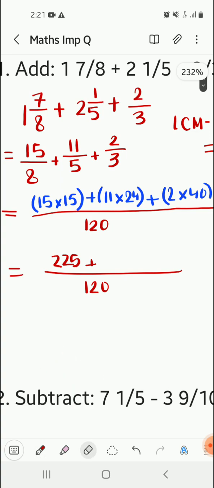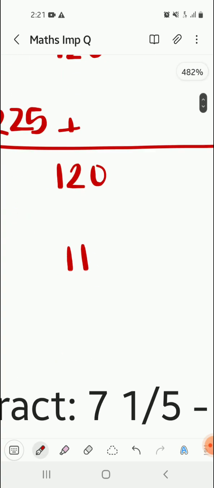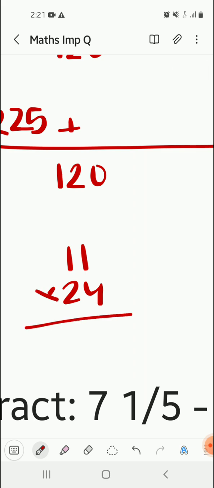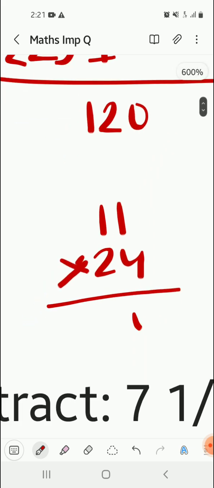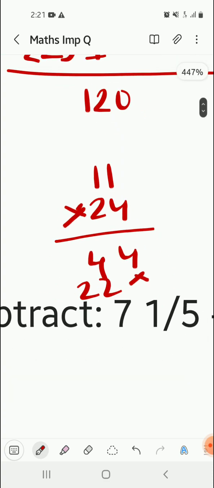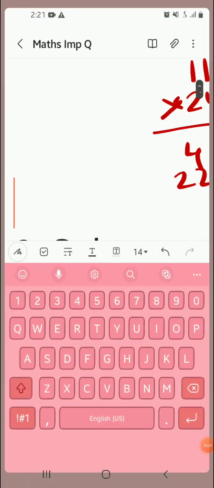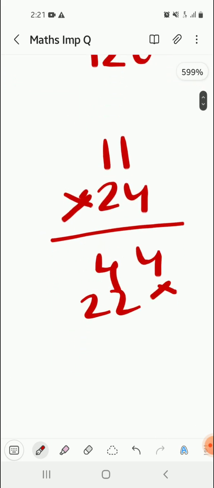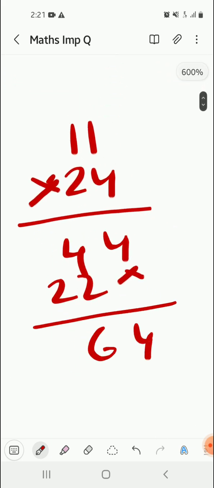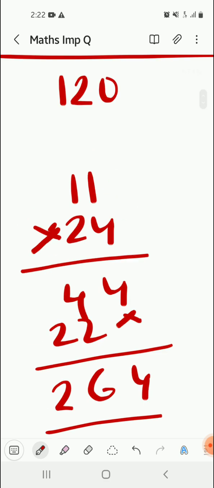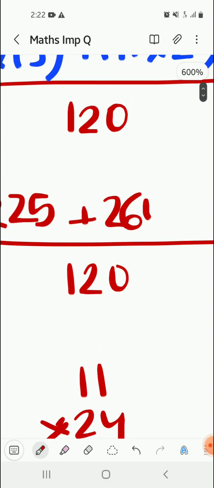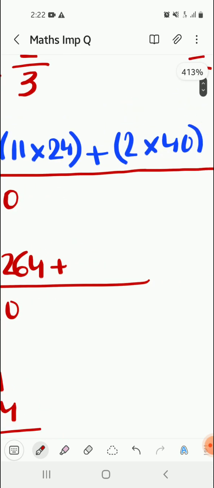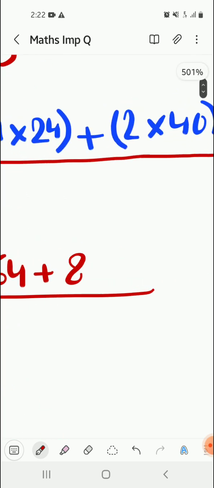So if we solve 11 into 24, it is 264. So let's write it over here, 264 plus. Now 2 into 40, that is 80.